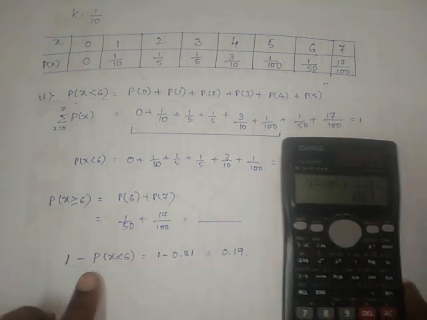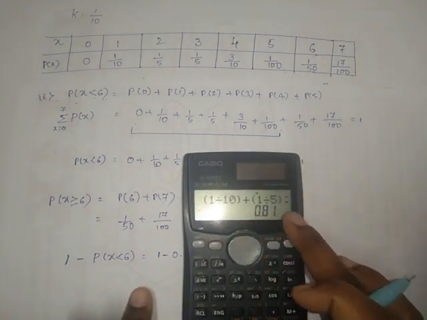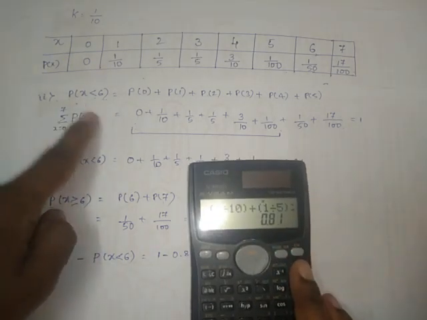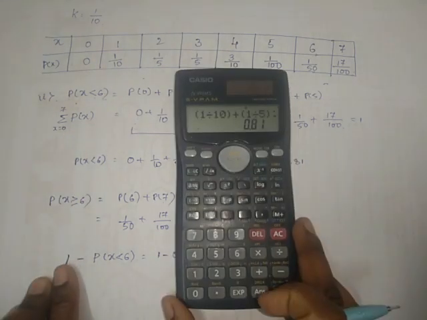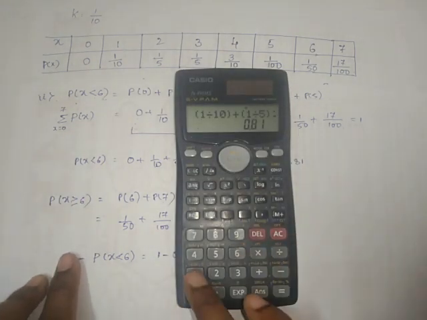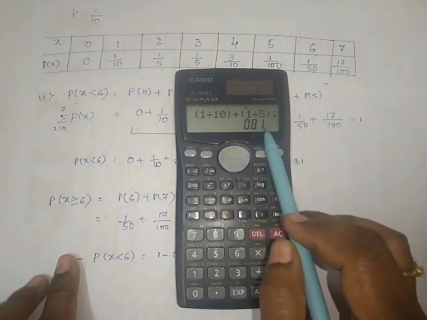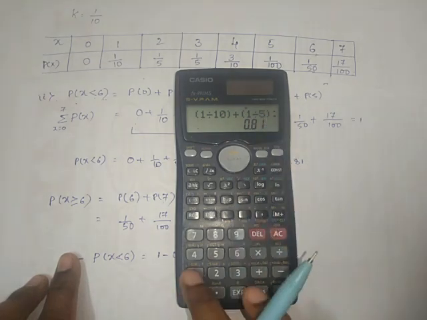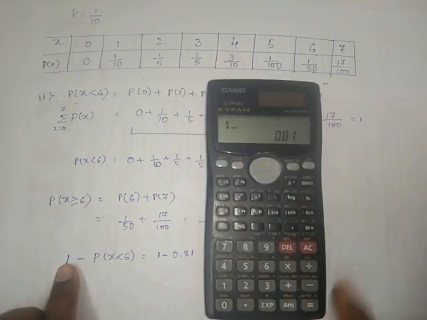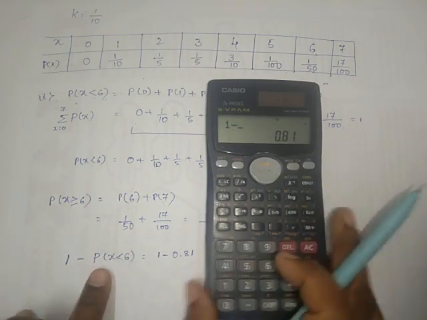Let me show you this. Here 0.81 is there. This is the result of P of X less than 6, right? So let me subtract it. Here is a short way. Whatever value you have got will be stored in the scientific calci in a location called answer. So I'll write 1 minus this value, 0.81, which we have already computed.